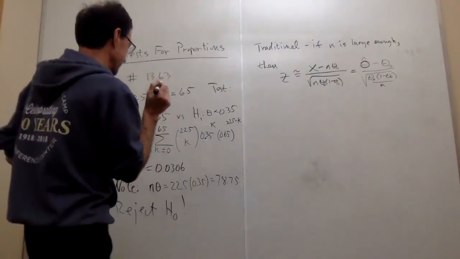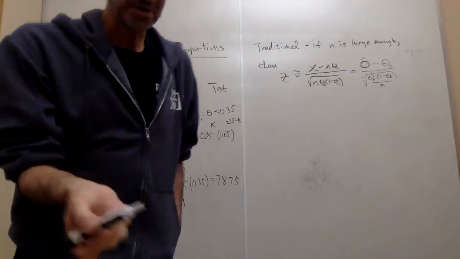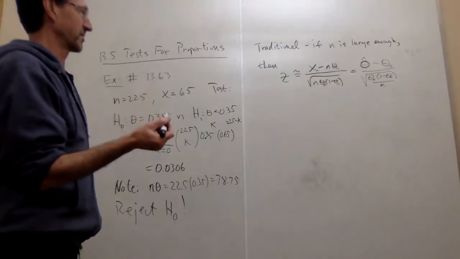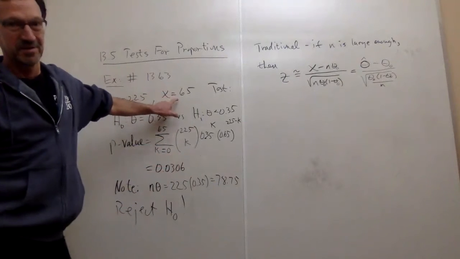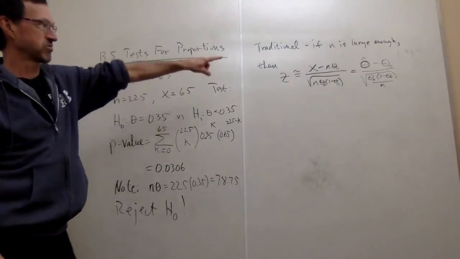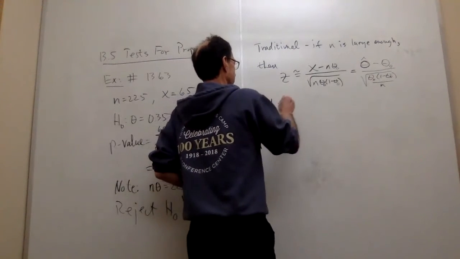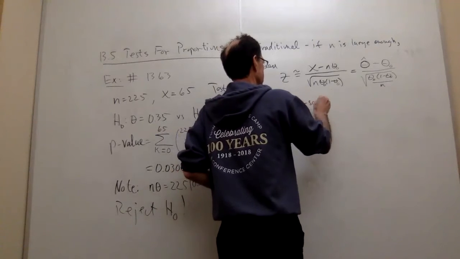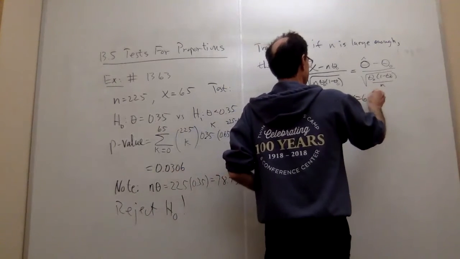Okay, so let's solve this problem by the traditional method. We'll use the standard normal. So what I need to do is find the z-score corresponding to our sample value. And so we're going to plug in 65. Find the z-score for x equals 65.